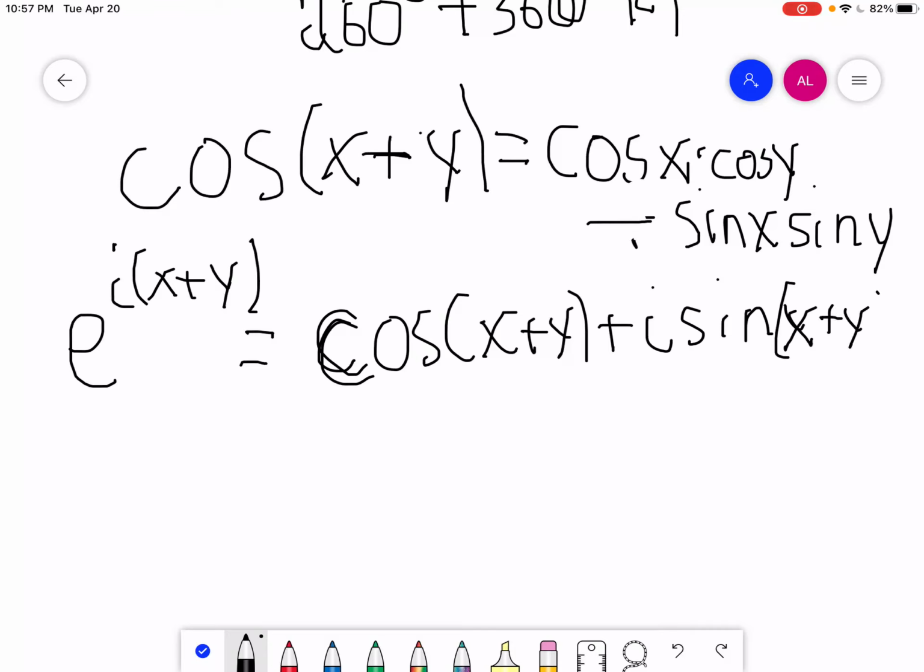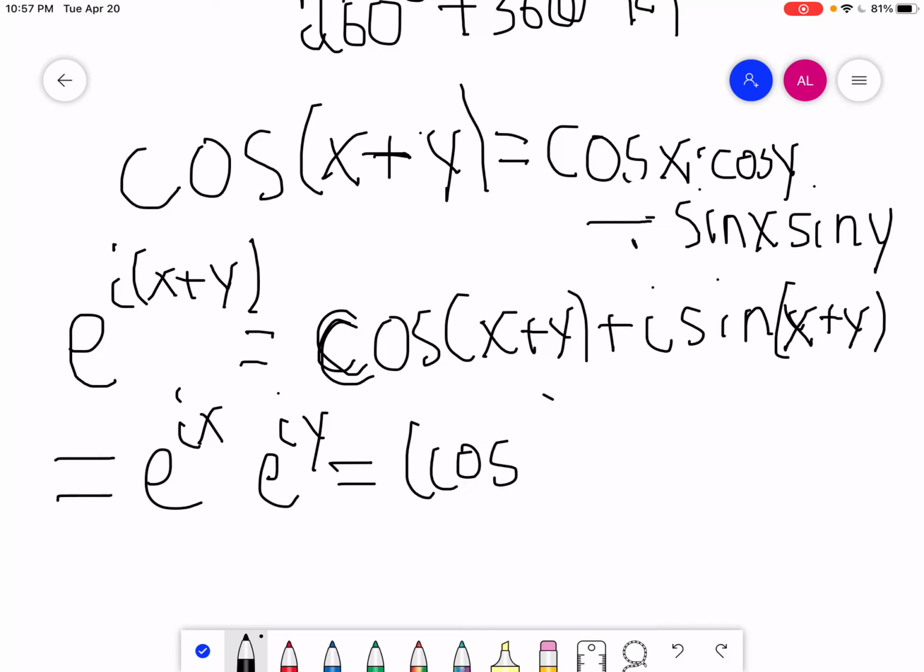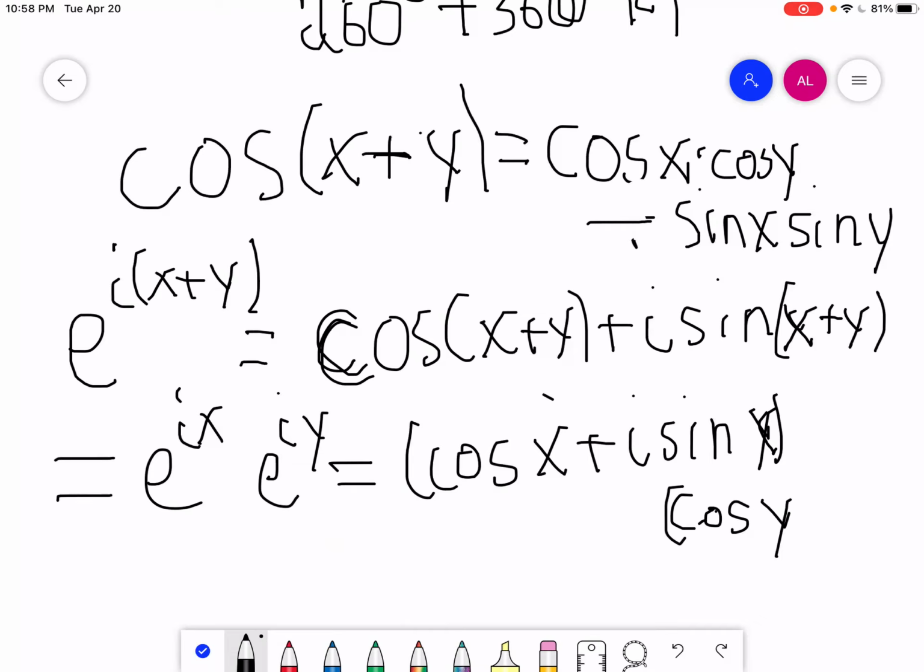This is the same thing as e to the ix times e to the iy, which is cosine x plus i sine x times cosine y plus i sine y.